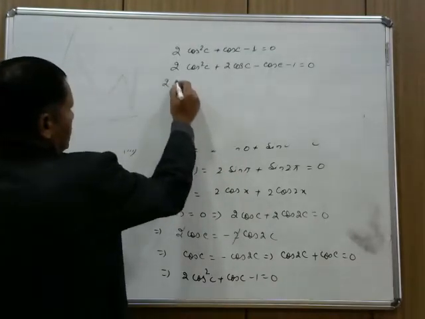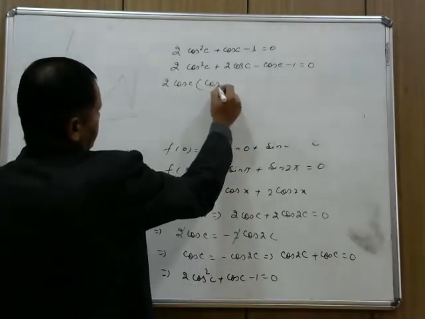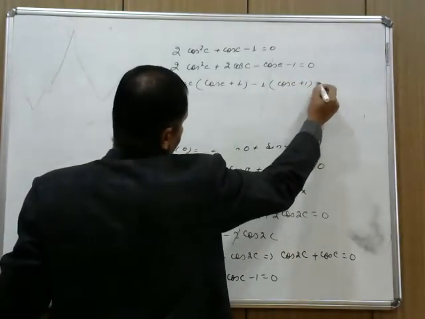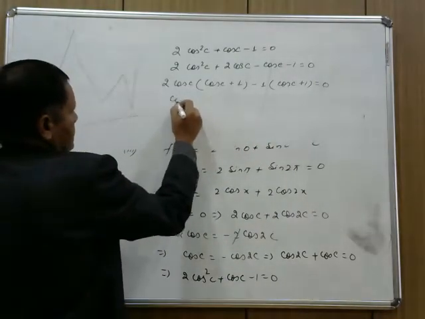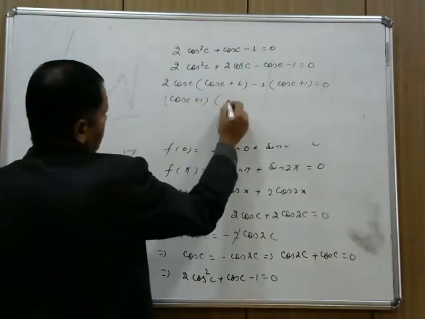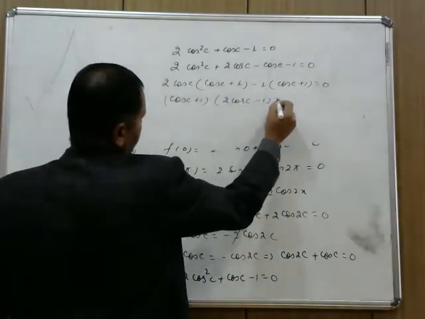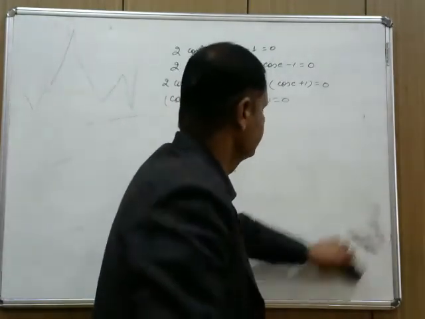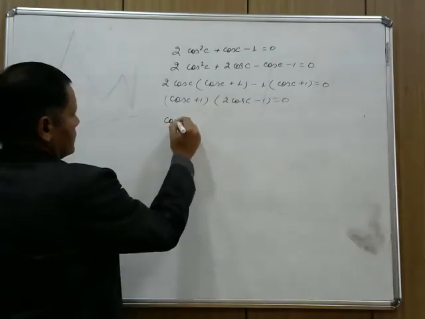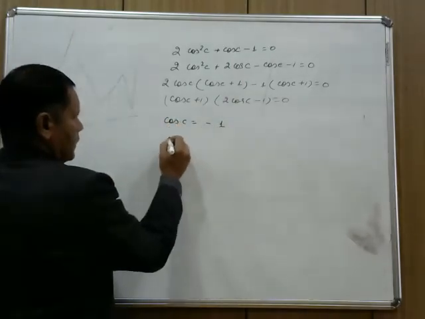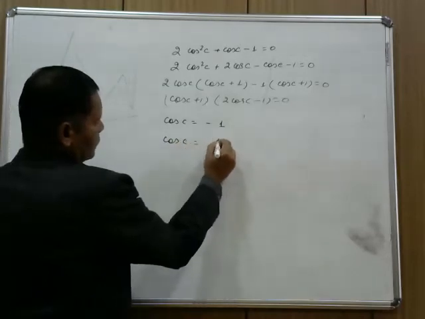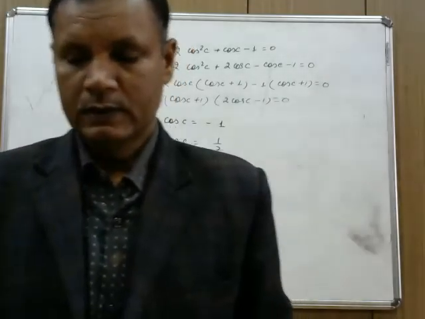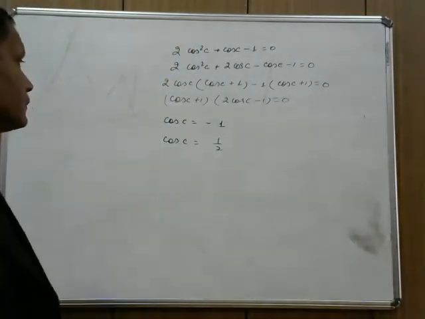So now 2 cos c common, cos c plus 1 minus 1 common, cos c plus 1 equal to 0. So now we have cos c plus 1 and 2 cos c minus 1 equal to 0. It implies that cos c is equal to minus 1 and cos c is equal to half.